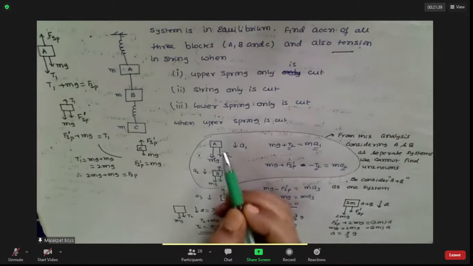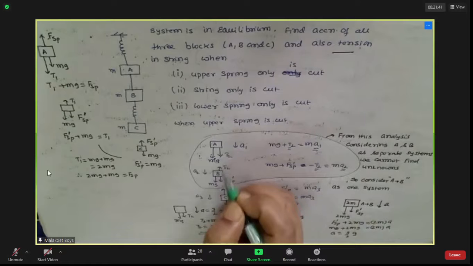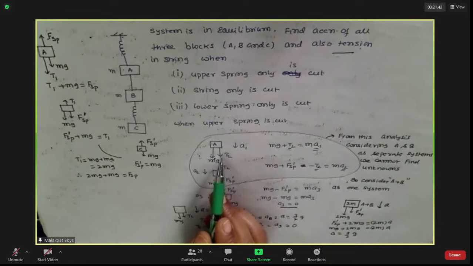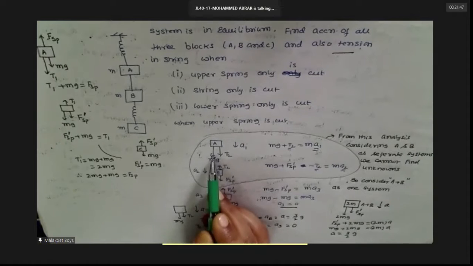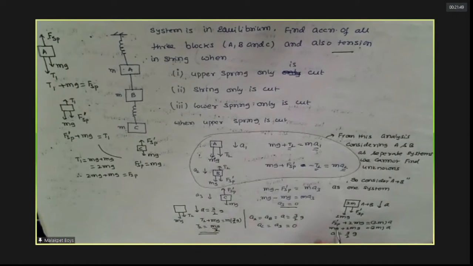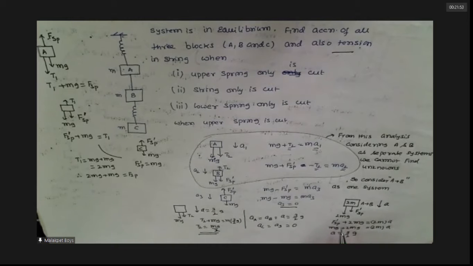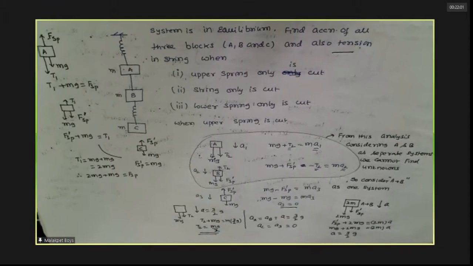When I consider them as one system, these tensions together will nullify, no? Tension on this and this will be 0 together. And mg will add up. That's why we got 2 mg. Followed this? Yes, sir. Understood. Clear. Shall I turn this?